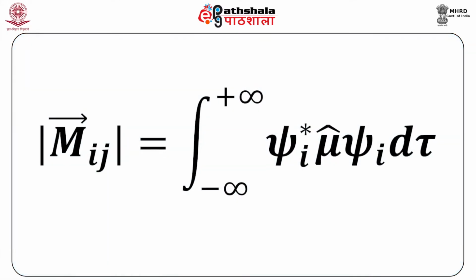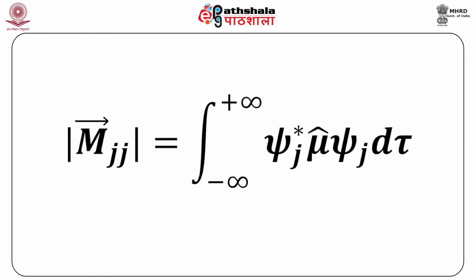Suppose you want to determine the dipole moment of the ith state, then Mii will be given by this particular integral from minus infinity to plus infinity, that is over all space: the wave function psi i, its complex conjugate, the dipole moment operator, multiplied by the wave function, and integration over all space.